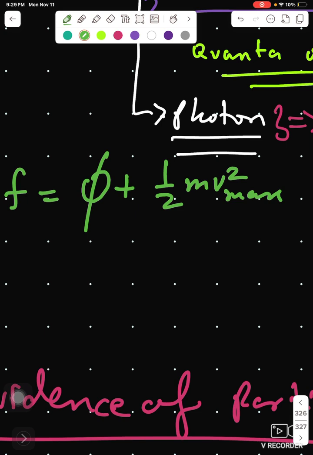By max I mean maximum. We already know what 1/2 mv squared is: it is the kinetic energy.